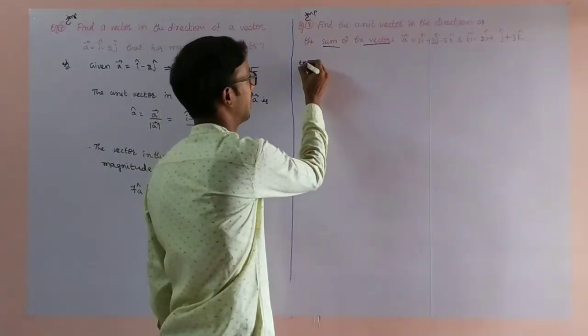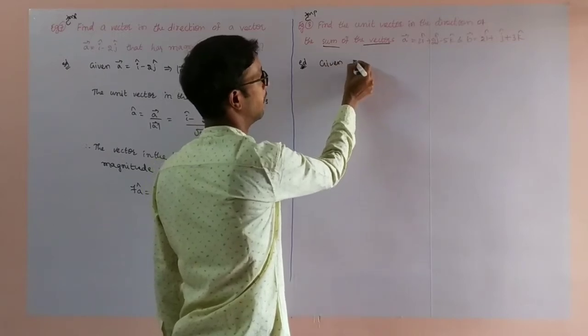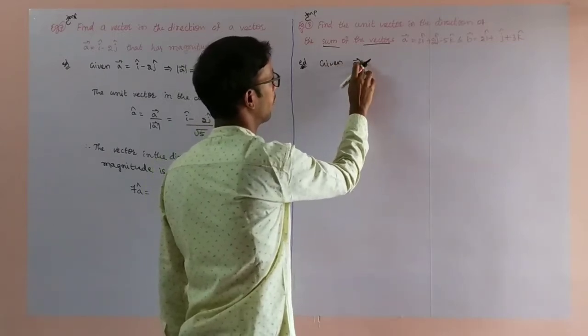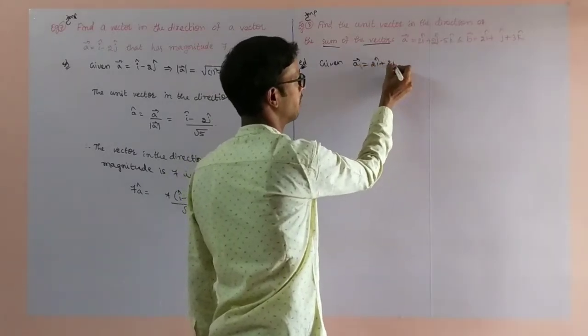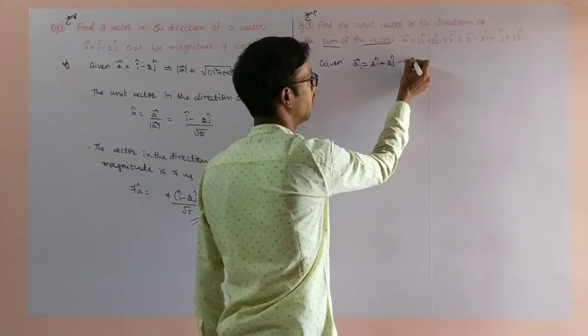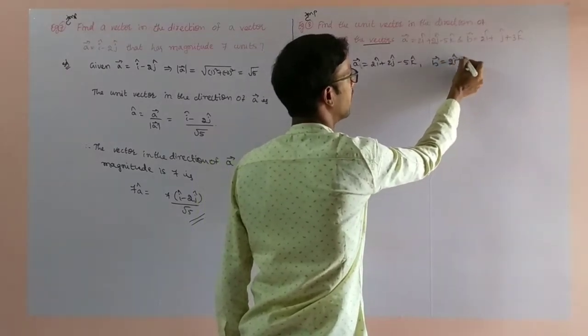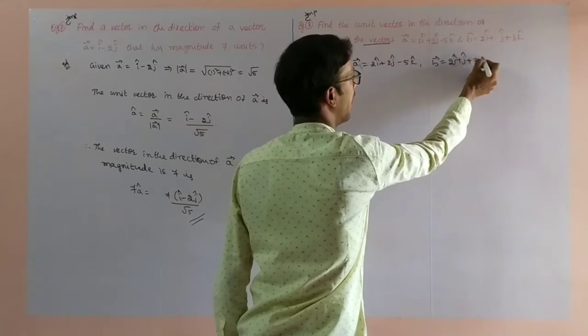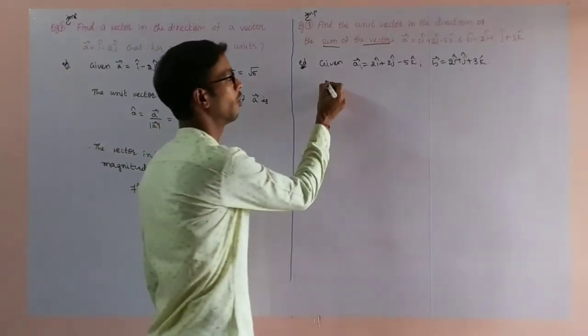So I'll write, given a bar is equal to 2i cap plus 2j cap minus 5k cap, b bar is equal to 2i cap plus j cap plus 3k cap. Two vectors are given, and you have to find the sum.